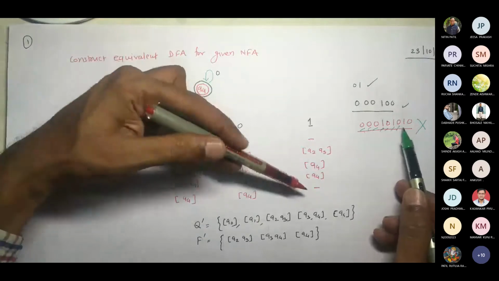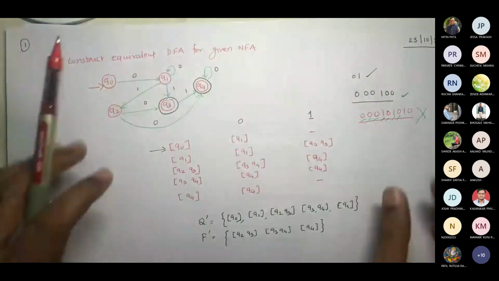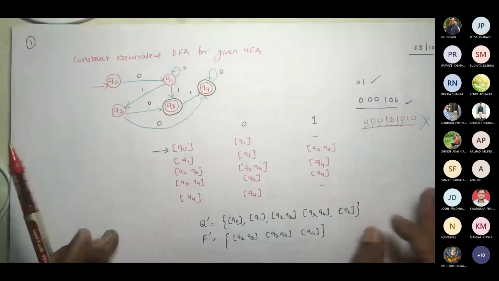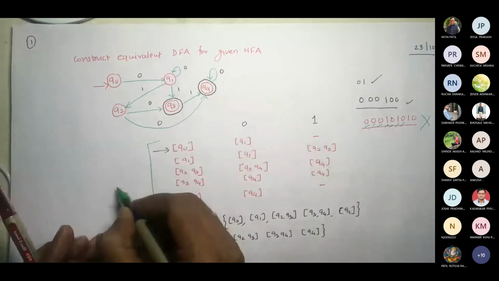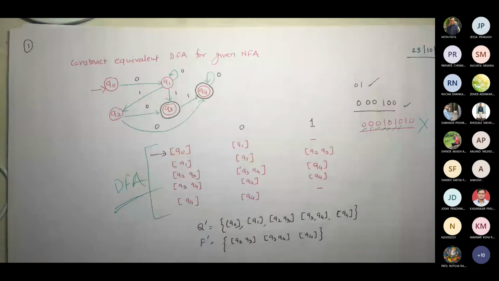Q4 on 1 is dash. That means it is not accepted. If it is not accepted by this, then it also is not accepted by this. So this is the NFA and this whole thing would be your DFA. Am I right? Yes, sir.